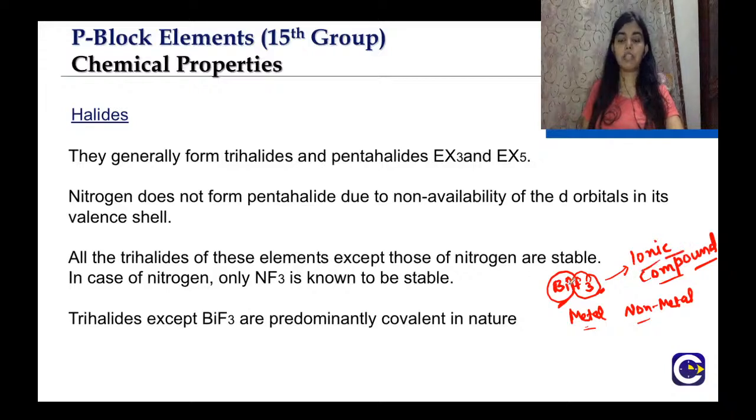So bismuth is the least electronegative among the group 15 elements, while fluorine is the most electronegative element in the periodic table. So they both form an ionic compound, and the rest of the trihalides are covalent in nature.